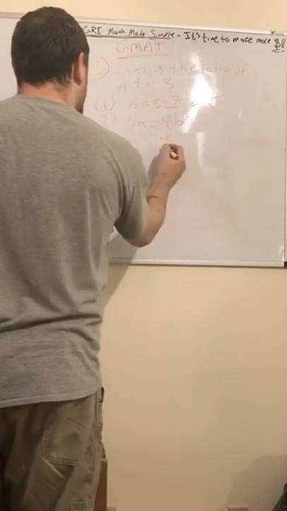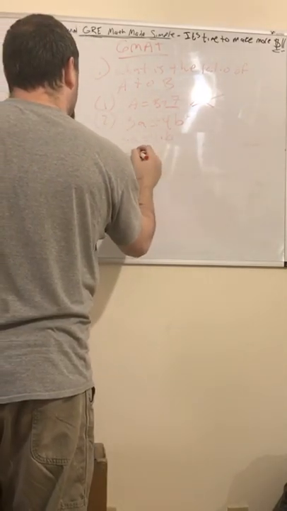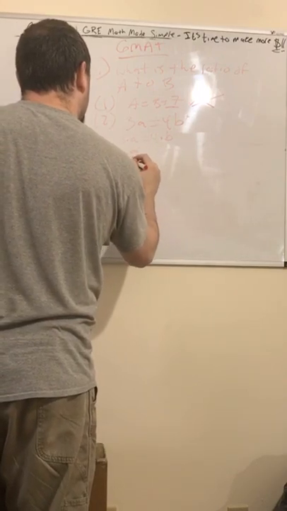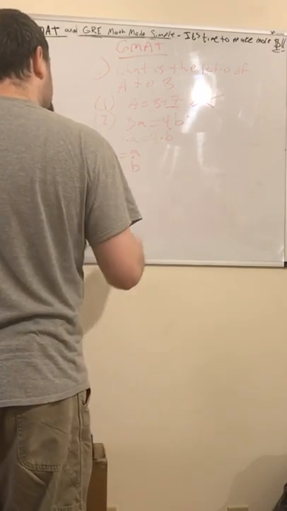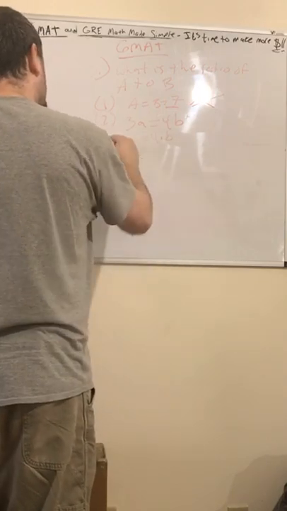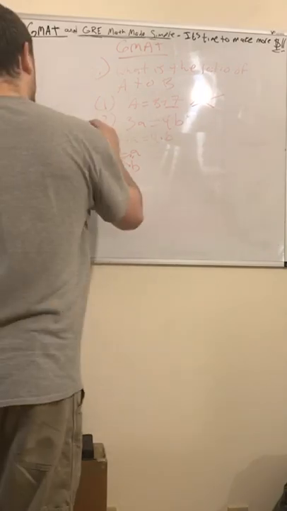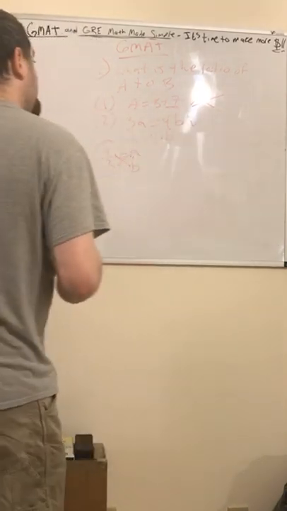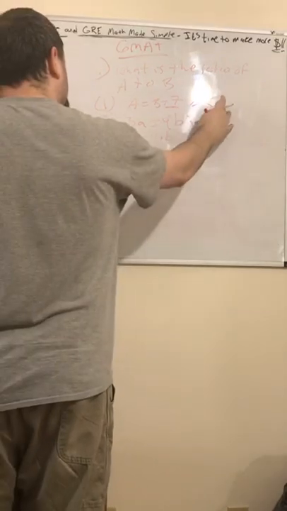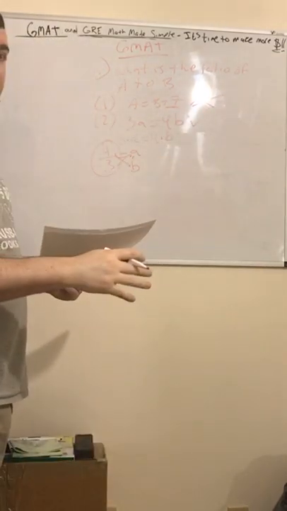In order to get 3 times A, you have to have 4 over 3 equals A over B. So when you cross multiply, you'll see that 4/3 is our answer. So number 2 will be correct. Now, since one doesn't work and the other does work, you don't need to go any further.